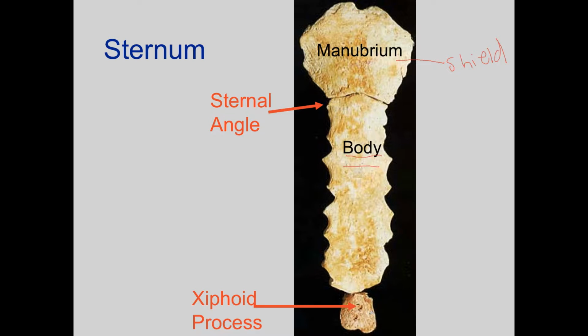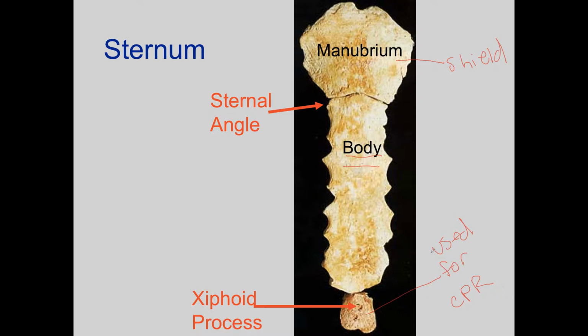And then at the very end, there is a pointy bit of bone called the xiphoid process. And the xiphoid process is used to find the appropriate compression position in CPR. So you put your fingers on the xiphoid and then you go 4 finger lengths up so that you're applying compressions to the middle of the body of the sternum.